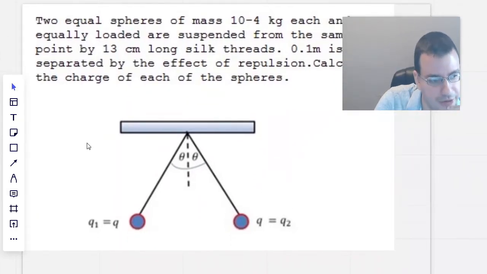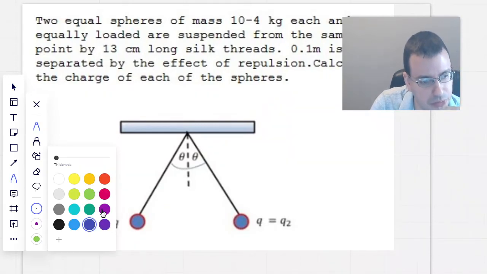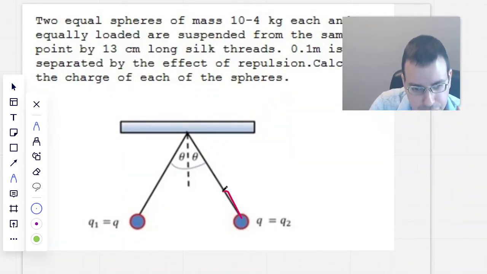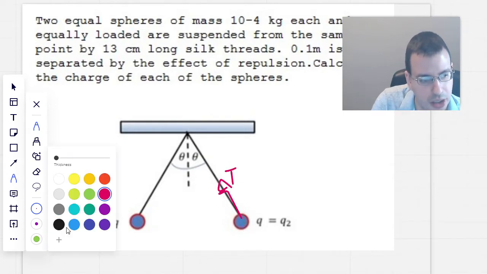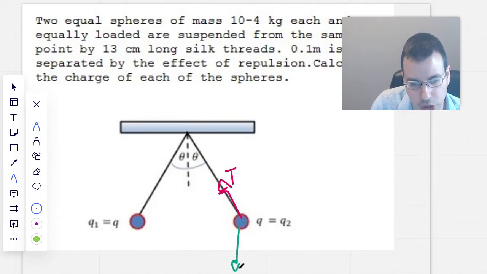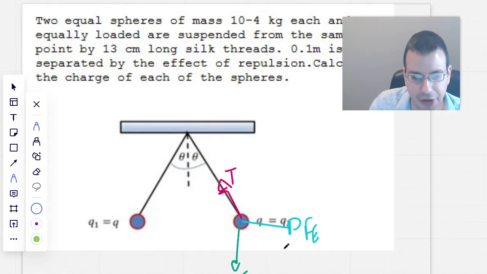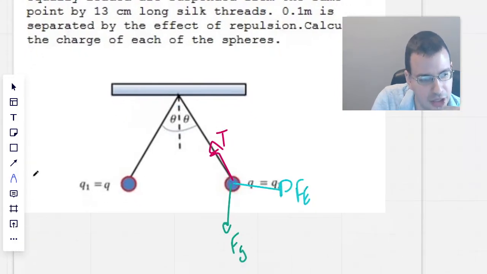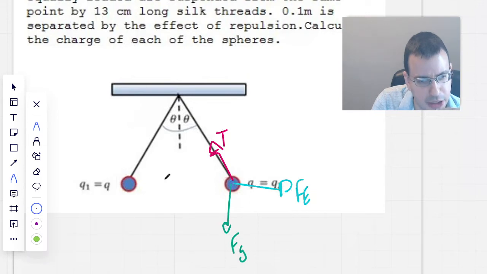So start here with a free body diagram. This is going to be tension. This will be force due to gravity, and this is going to be force electric. I know they're supposed to be arrows, they're kind of dull. I should sharpen my arrows.